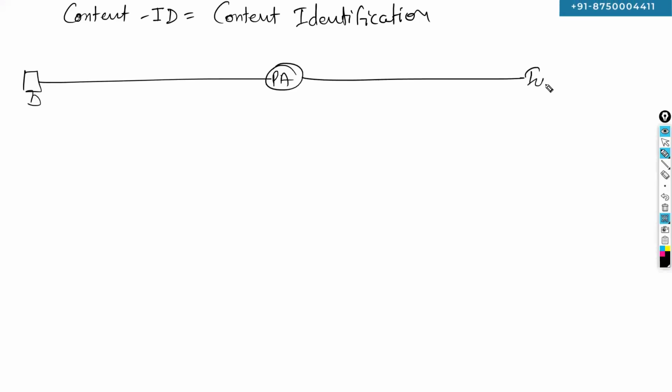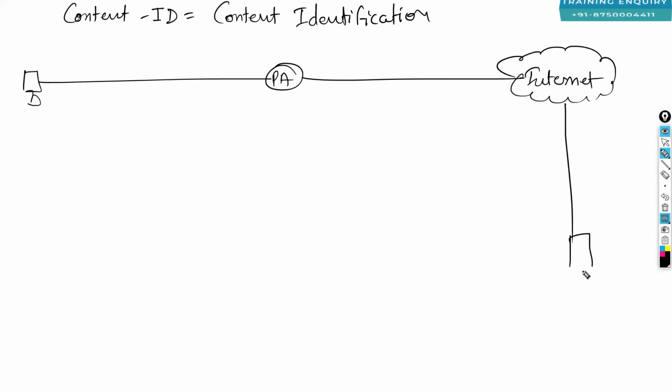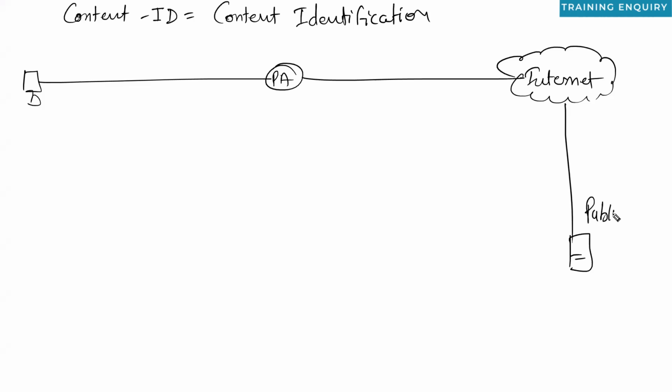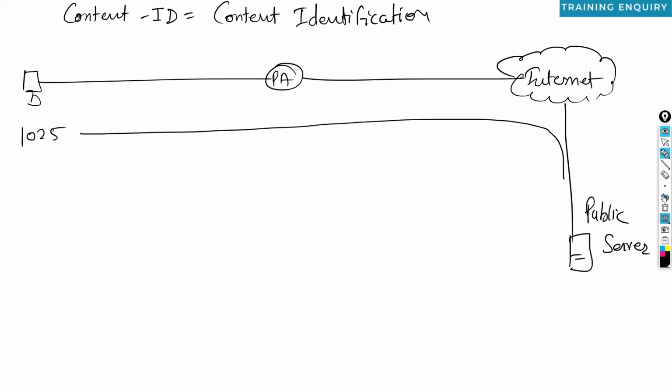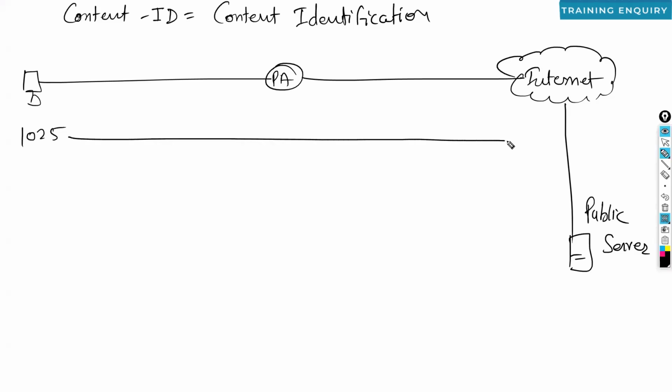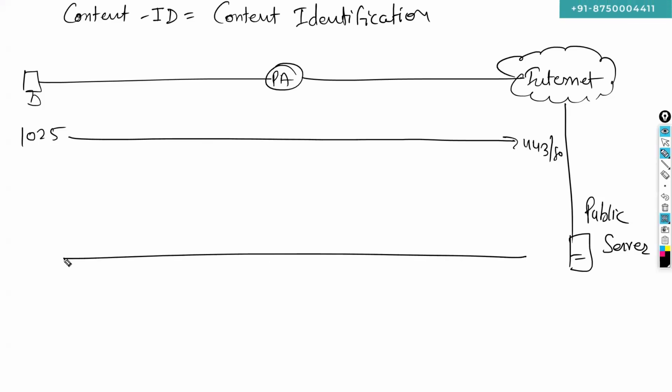Palo Alto is connected with the internet, and we have a public server here. The client will use its dynamic port. It will hit the public server at 443 or 80. Now the server will give a reply. Now we can make it clear.